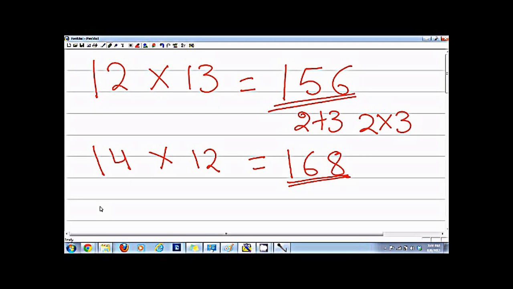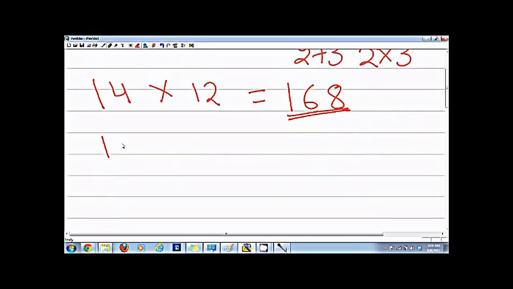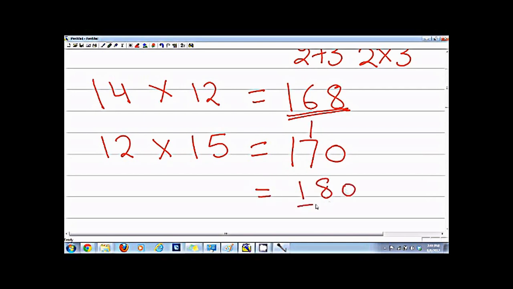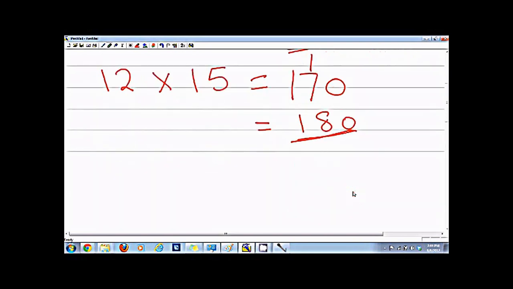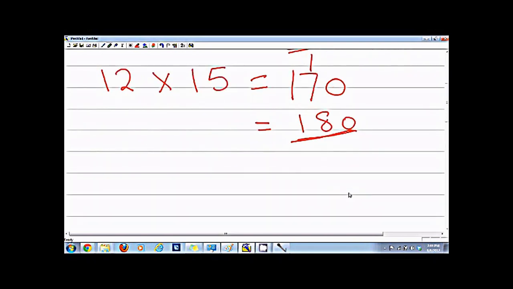For example, if I have 12 and I want to multiply by 15, I will write 1 and then say 5 plus 2 is 7, but 5 into 2 is 10, so I will write 0 here and take 1 as a carry, so the answer will be 180. This is a little trick that you need to remember for this kind of multiplication.